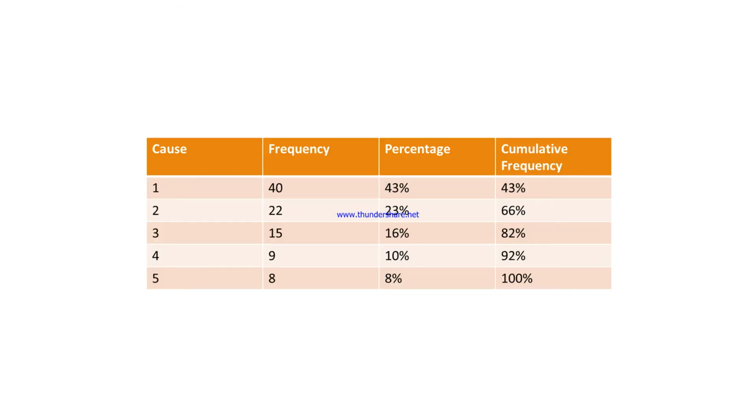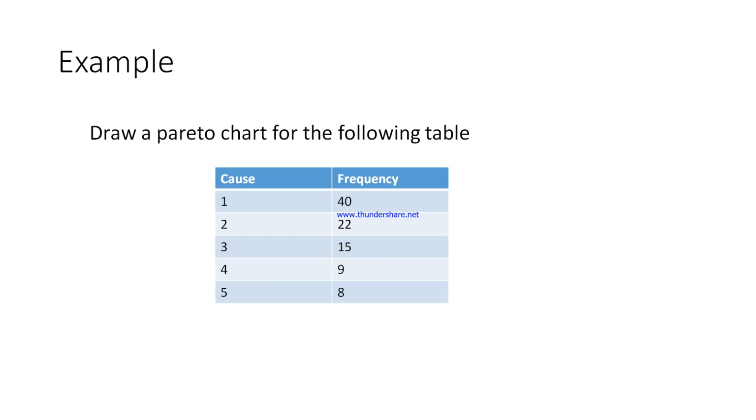So what I can do now is, since I'm observing the cause which is having a high frequency, when I collected the information, I have already recorded these causes in descending order, right?